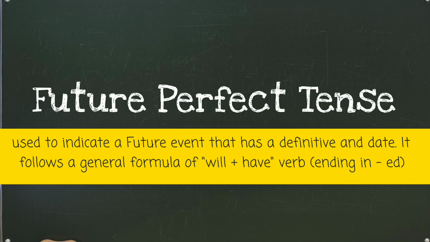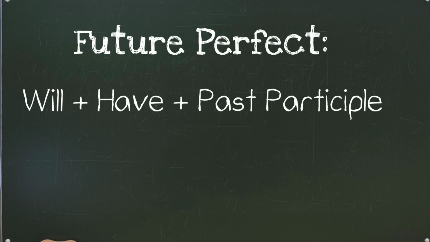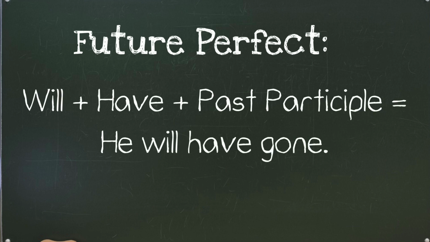Next, future perfect tense. The future perfect tense is used to indicate a future event that has a definite end date. It follows a general formula of will plus have plus a verb ending in -ed, just like this. Future perfect: will plus have plus past participle. He will have gone.